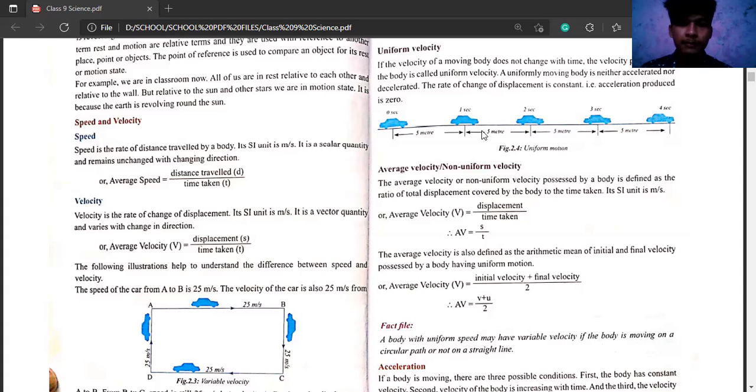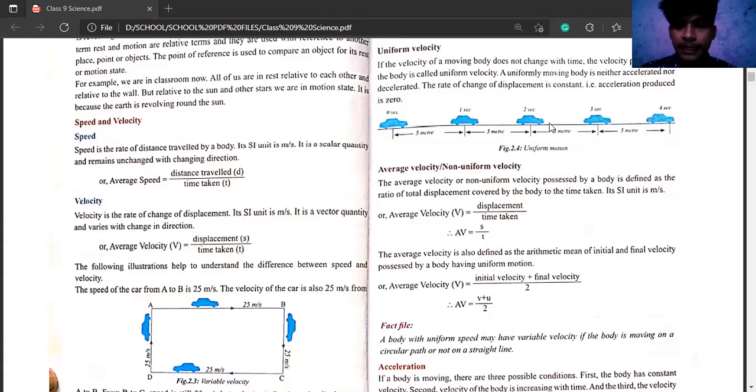Similarly, at the second condition, while going from the second position to the third position, look at it. The time interval is again 1 second and the displacement is 5 meters. So what can I tell? The velocity is 5 meters per second. If you go on finding in the next conditions, then in the final condition you can see that the velocities are equal.